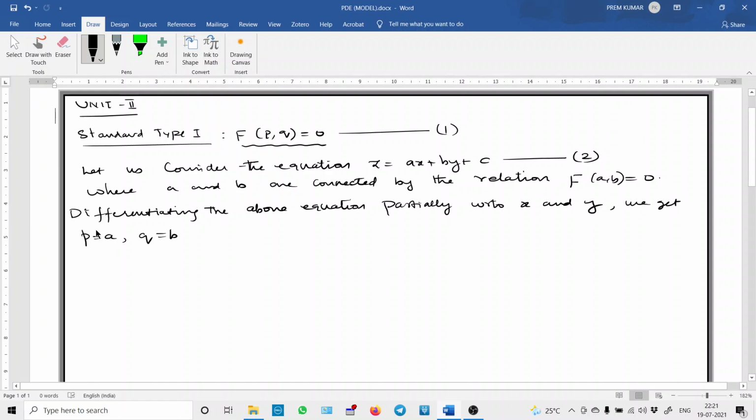Substituting these values in the given partial differential equation, we get the relationship F of a comma b equals 0.